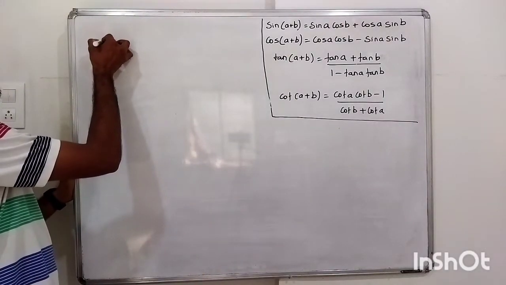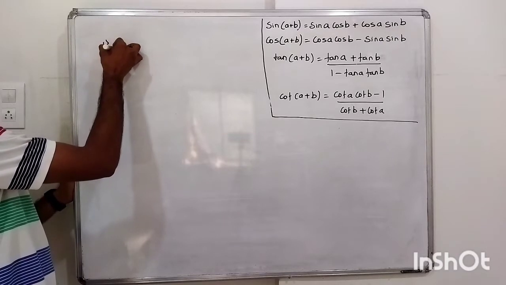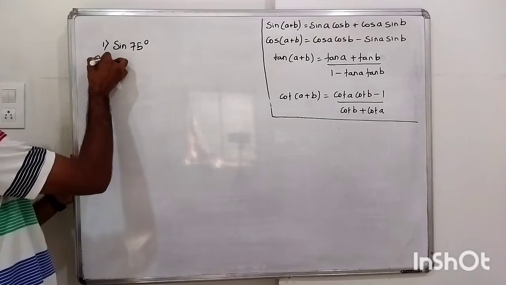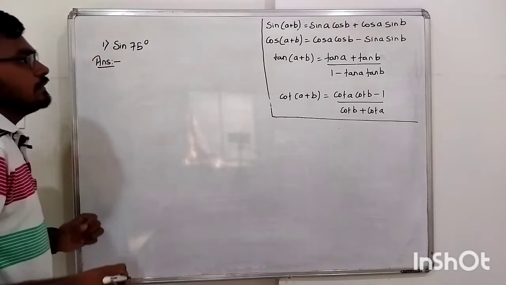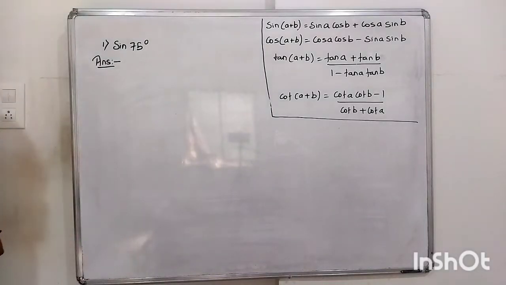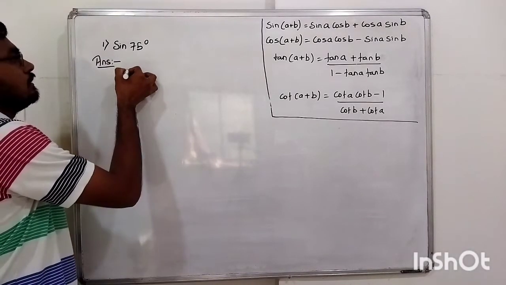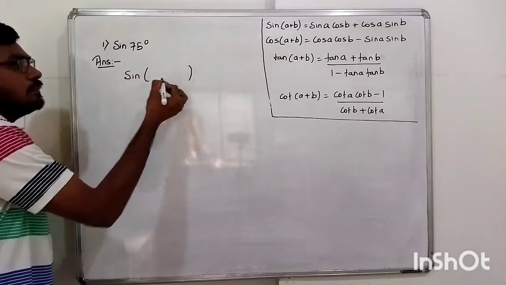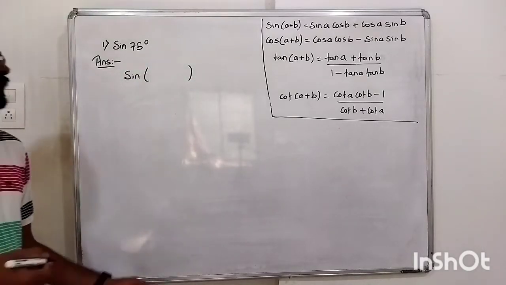Solve the following. First one, sine of 75 degrees. How do we find this? First step, you have to simplify this as a sum of two standard angles. Which are the standard angles?